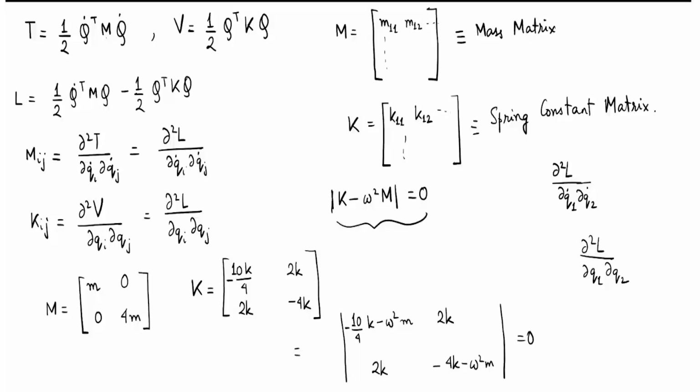If you are attending, you can tell. 0 will come here, so 2k minus omega square into 0 will be 2k.